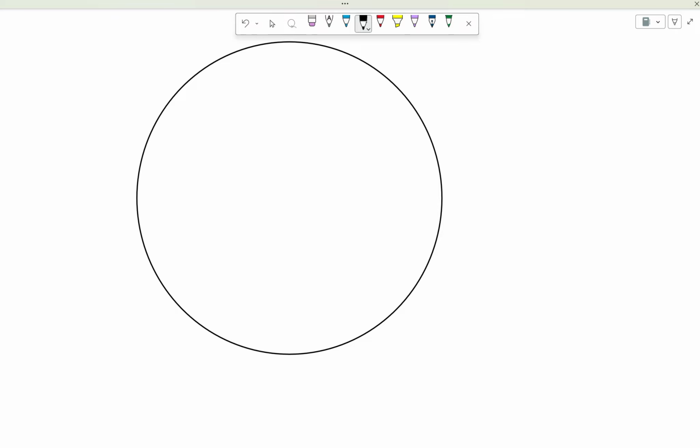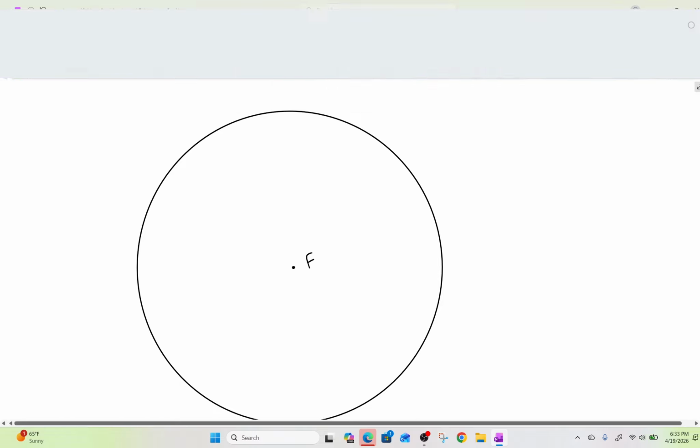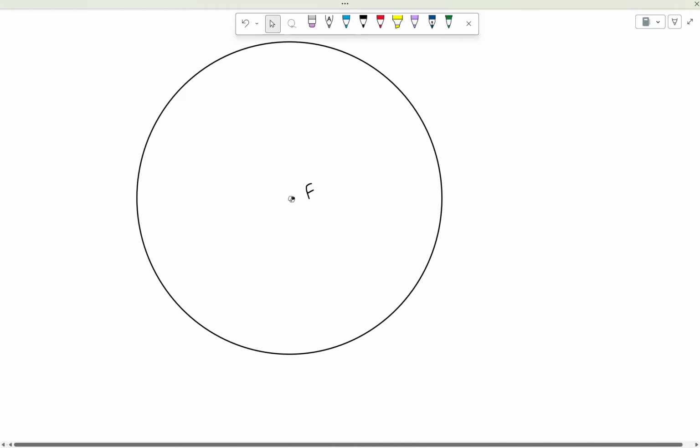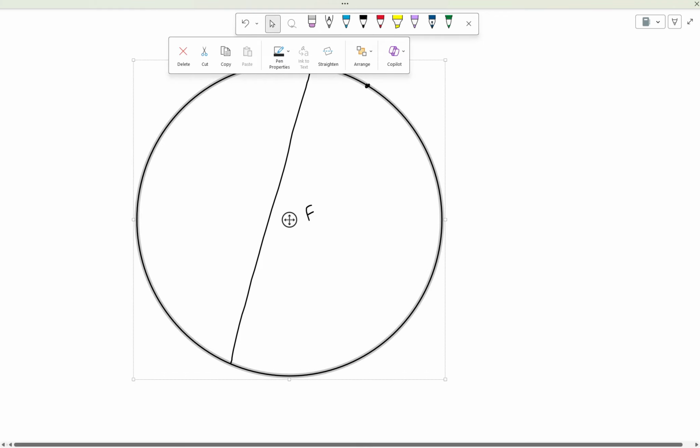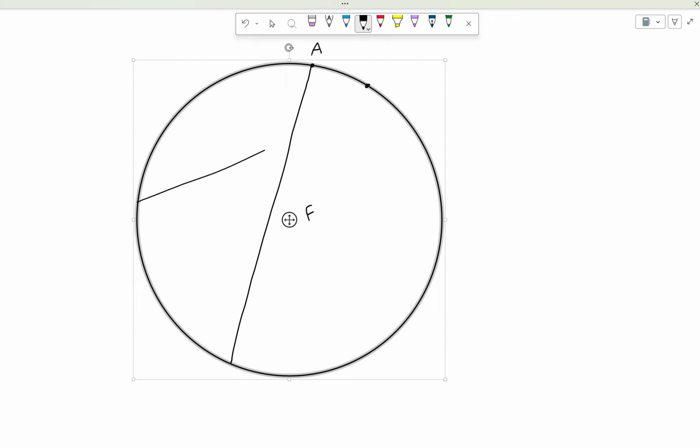Okay, so let's have some fun here. Let's do a diagram. Big diagram, big circle, and this is going to be circle F. On this, I've got A, B, and I'm going to create a chord here, and connect to that point.